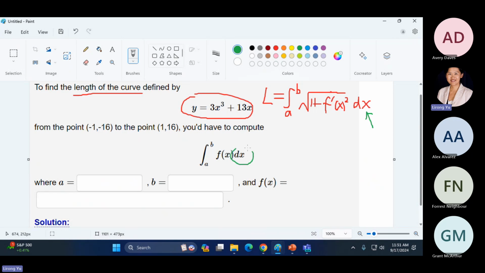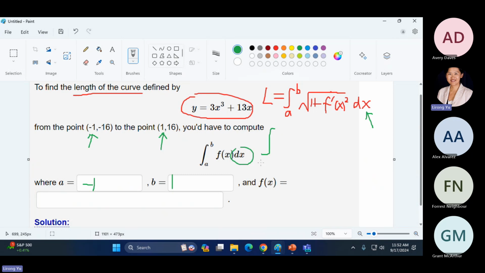So we're going to do dx, and you see the x value started at -1 and ended at 1. So a would be -1, b would be +1. The question itself tells us which point on the curve we start and which point we end, so a and b are given.